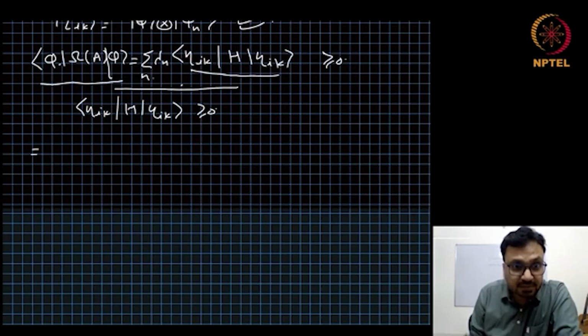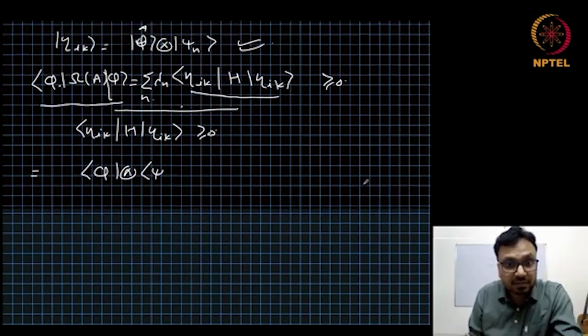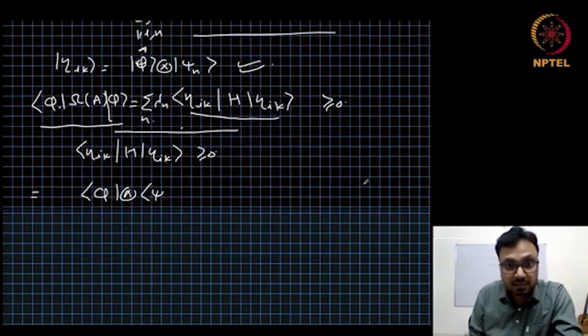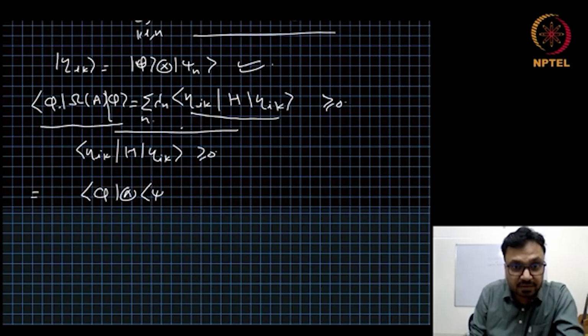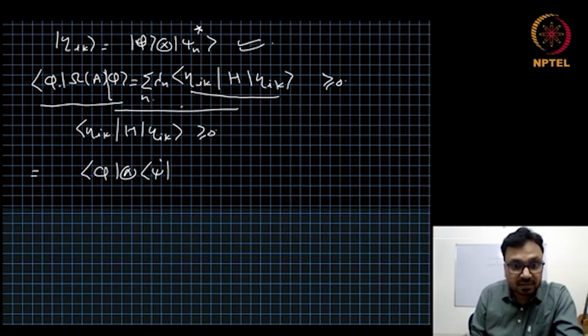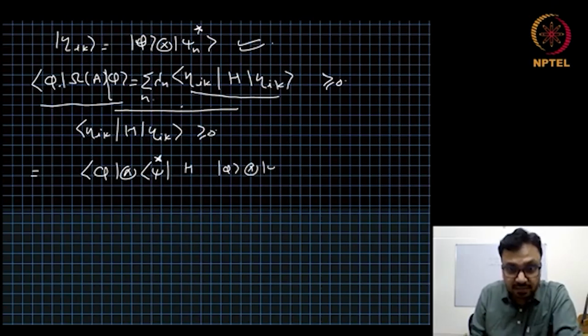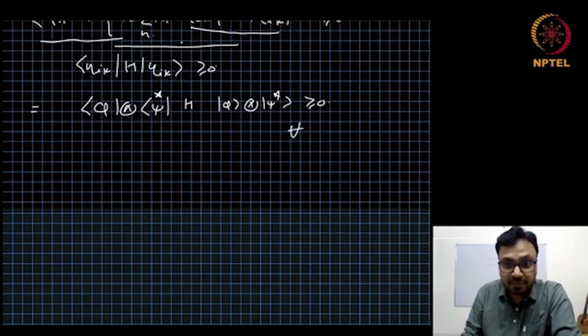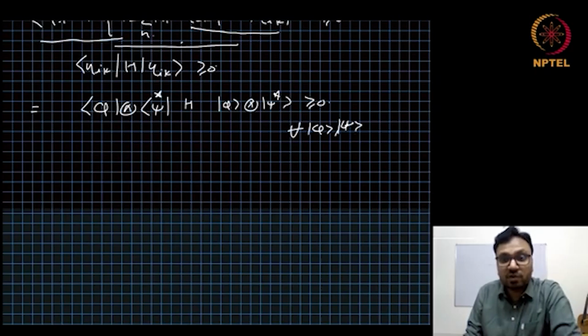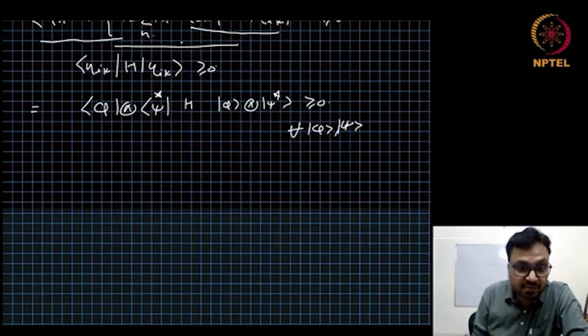Now this is the same as phi tensor, no, it's actually phi and psi star. Phi tensor psi star H phi tensor psi star should be positive for all phi and psi. If it is for all phi and psi, then we can remove the star also.